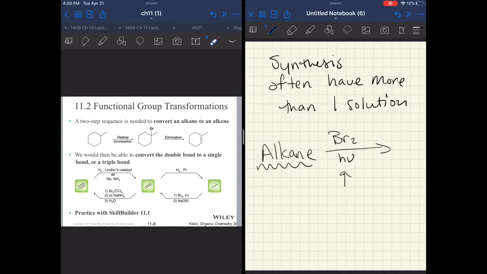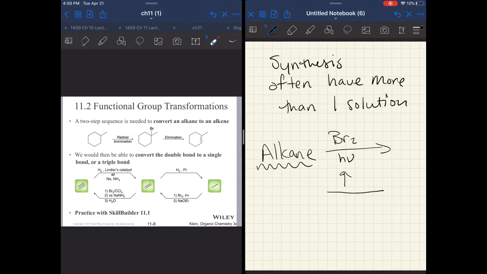There are no other reactions that you have learned up to this point that work with an alkane. From there, you can do substitutions, you can do eliminations. Once you get a double bond, the whole world of additions is opened up. You can transform it into a triple bond from there. You have a lot of flexibility, but it is super important that you know this reaction so that you can get from an alkane into any other functional group.